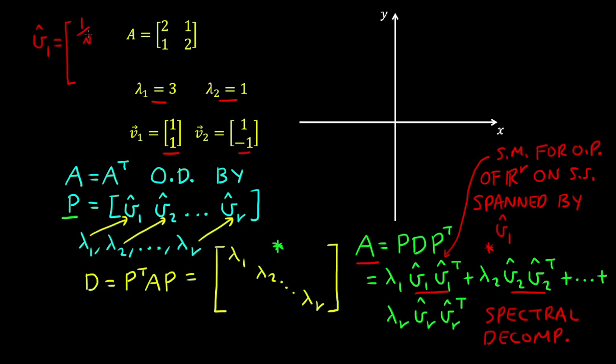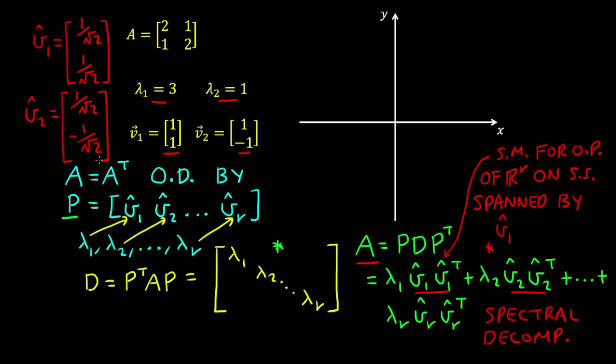So that'll be 1 on root 2 and 1 on root 2. And then normalizing the other eigenvector, we get a unit vector with components of 1 on root 2 and minus 1 on root 2.